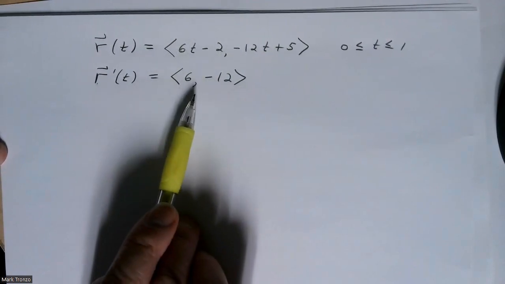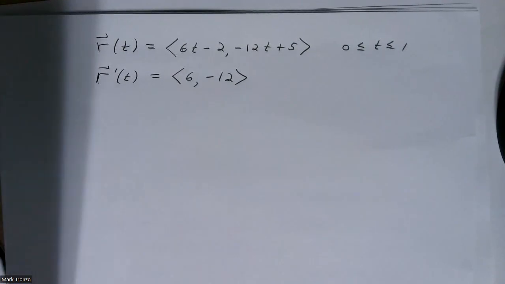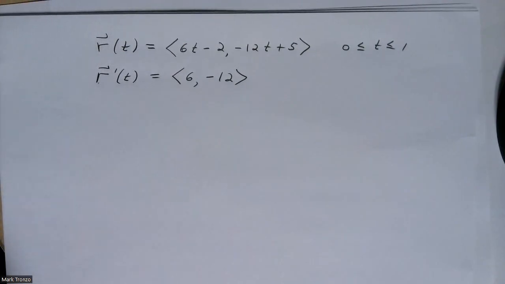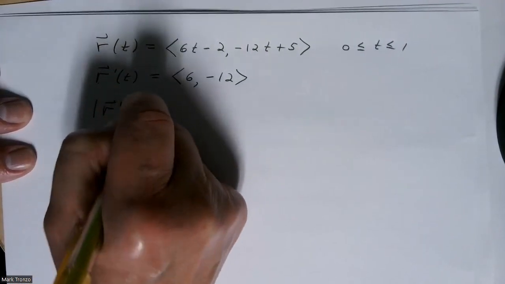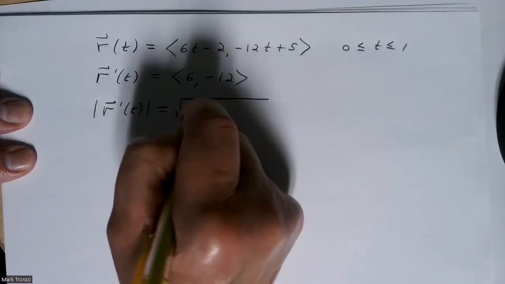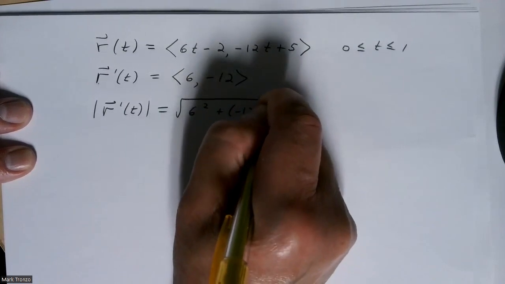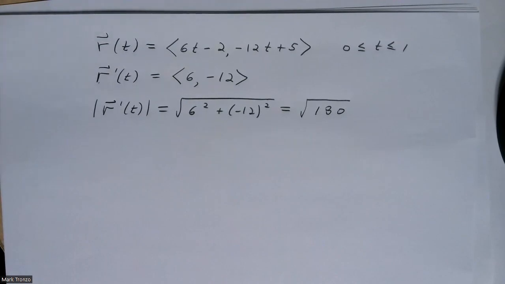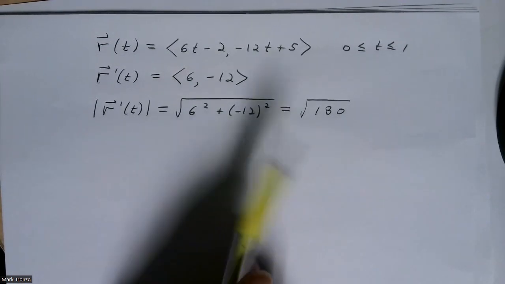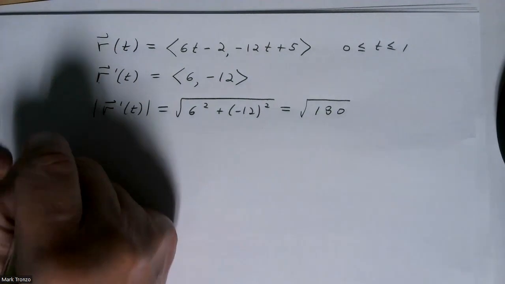It's actually going to be that direction vector. Again, that'll be true if we have a line. In general, that's not going to be true. But so we have just that direction vector for the derivative. And then we're going to need the magnitude. That would be 36 plus 144, which is the square root of 180. And now we have everything we need. We can substitute it into our equation.